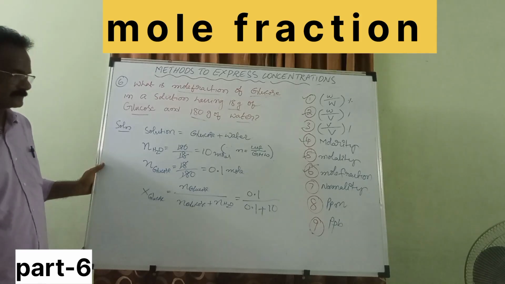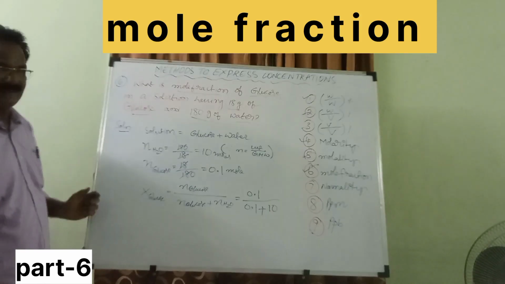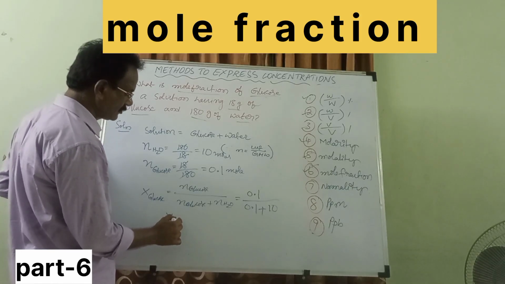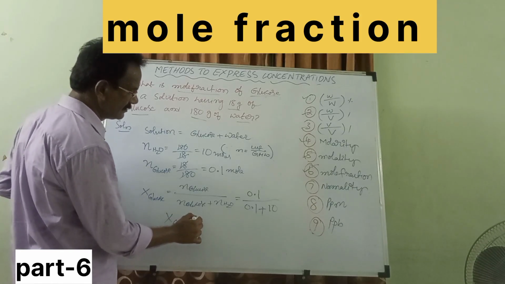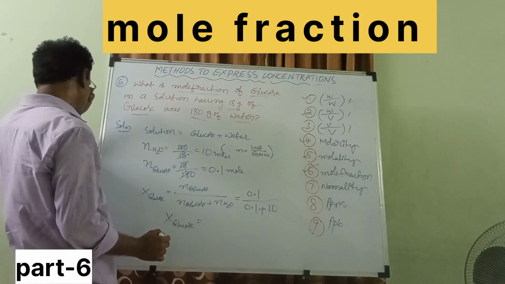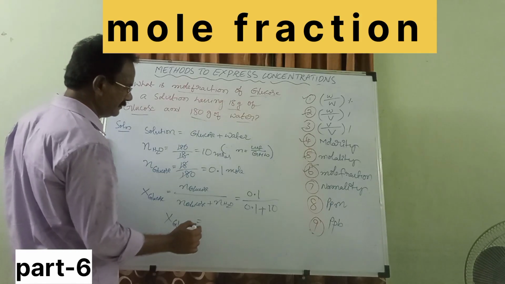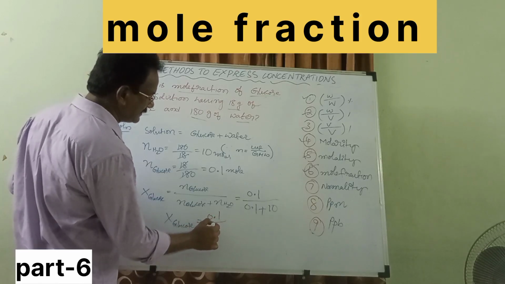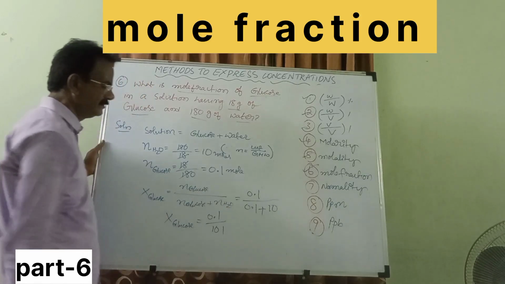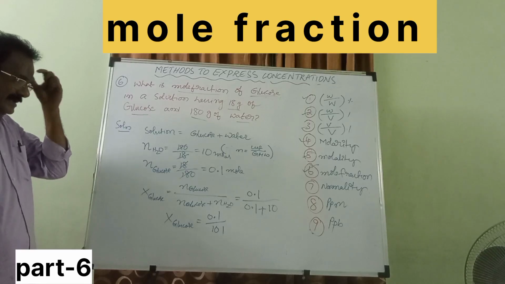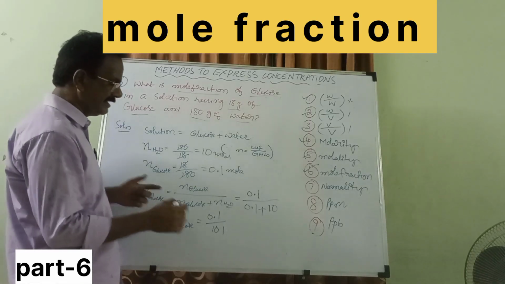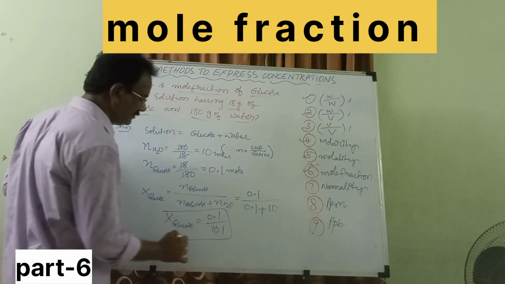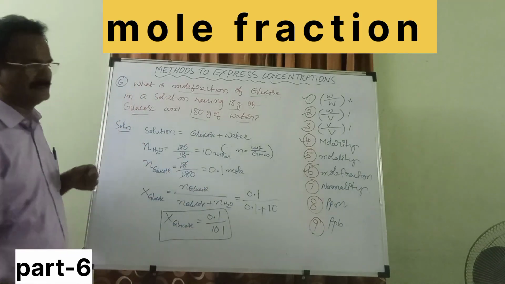Is it clear? So now what is the mole fraction of glucose? X glucose is equal to 0.1 by 10.1. Or in a simple manner, we have to calculate this. So this is the mole fraction of glucose. After cancellation, we can get a simple answer.